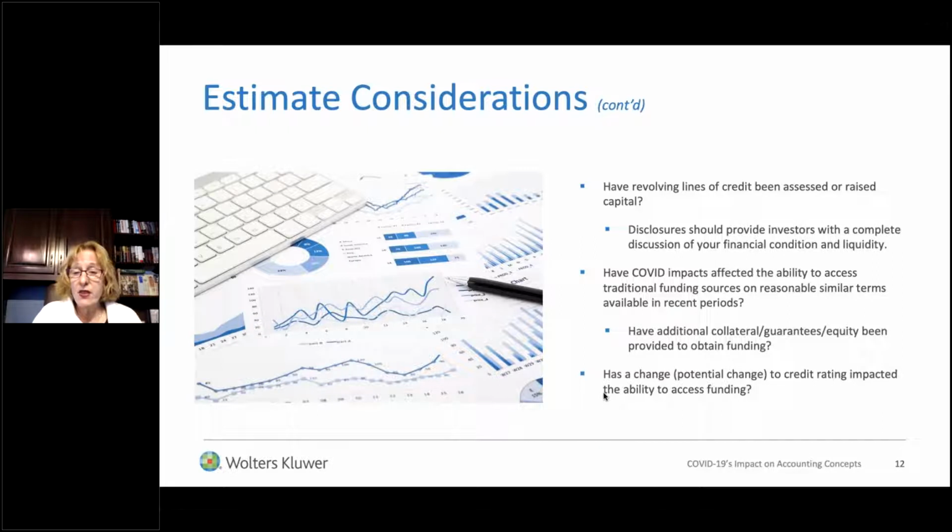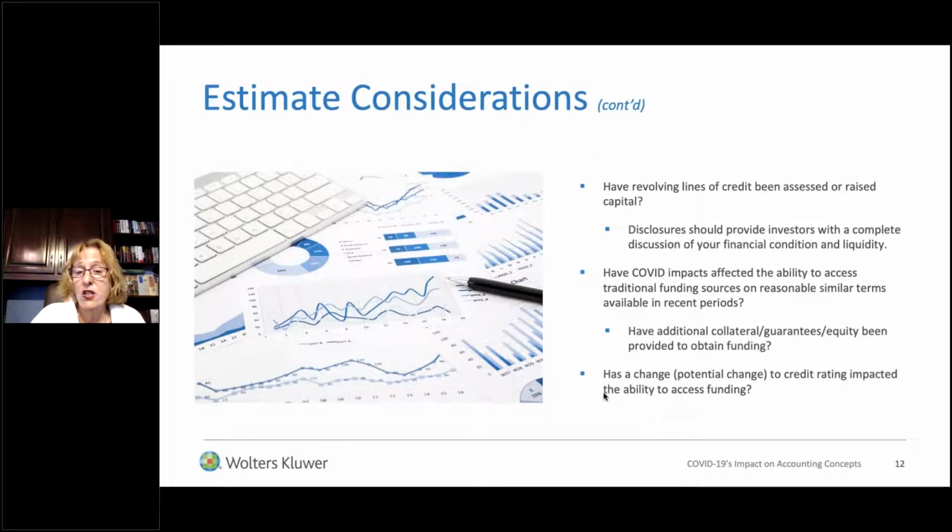Well, of course, they're having their own issues now too. So there may be an increase in the cost of accessing those funds. It may take longer to access those funds. So you need to think about that as you're moving forward and thinking about, what's my cash flow going to be? And if I need to access funds, you need to know how long it's going to take you to be able to go through that process.